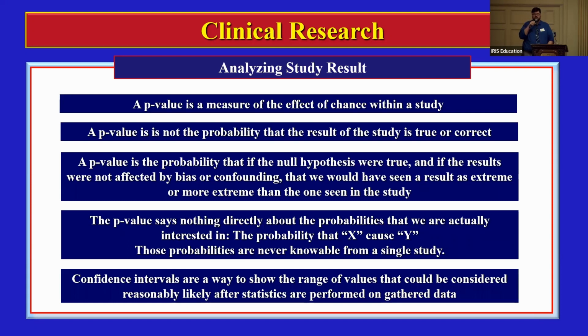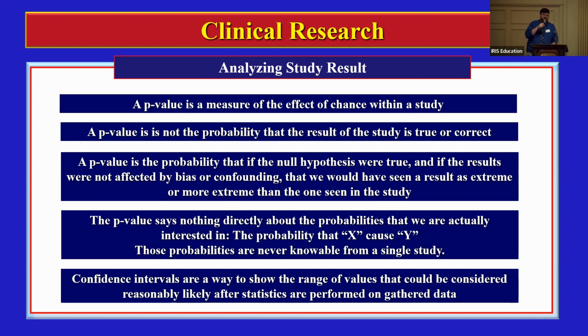So then, as I was saying earlier, when we have our study results, we're going to take our data, put it into a test statistic, and then find a p-value. The p-value is the measure of effect of chance within our study. The p-value is not the probability that our study is correct or that our study is true.